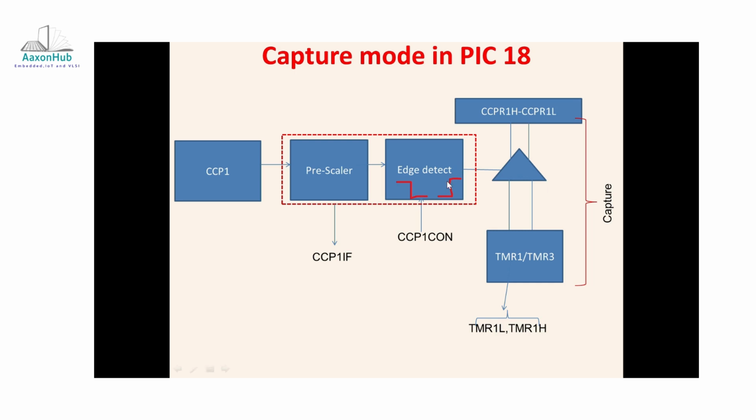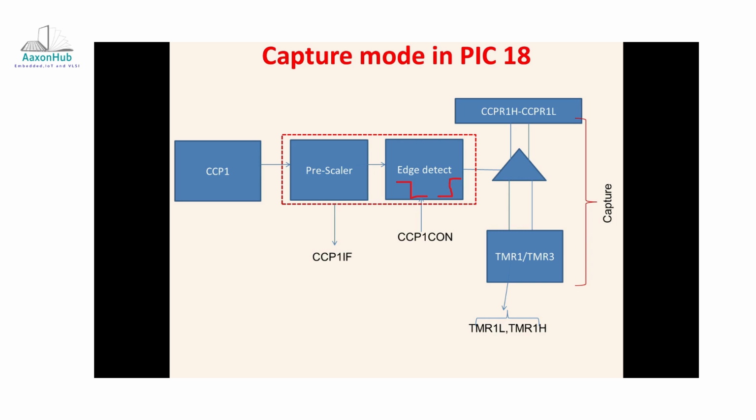These mode select bits are 4 bits which reside in the CCP1CON register, which is nothing but the capture compare PWM 1 control register. As I am repeatedly telling you, in PIC18 2 capture modes are there, and the 1 signifies CCP module number 1.